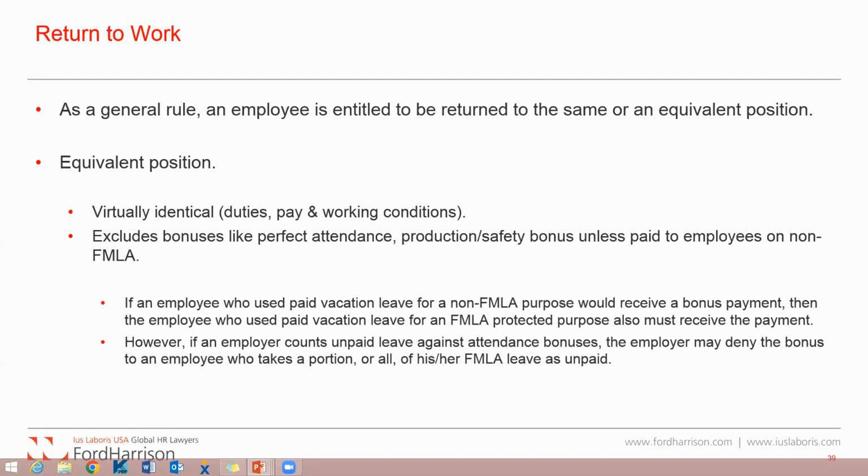Those are the big three. In these times of COVID, things change and people go to working from home or whatever the case may be. Sometimes things change while an individual is on FMLA leave. But when they come back, the things that you want to be paying attention to are these three pieces here: the duties, pay, and working conditions. The closer you get to what those three things were before they took the leave, the better.